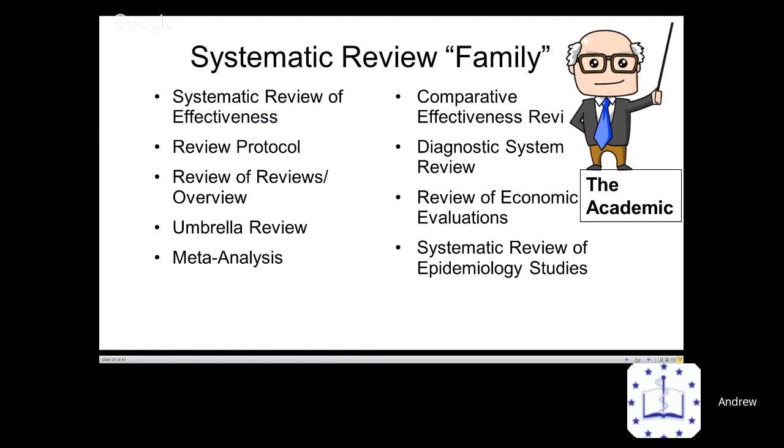So increasingly, people are publishing their review protocols, their plans on how to conduct a review, which means that as librarians, we can view these protocols to see if they are similar topics to reviews we're being asked to do. And even though the review itself has not been completed, we can learn from their methods, we can adapt their methods for our own purposes.